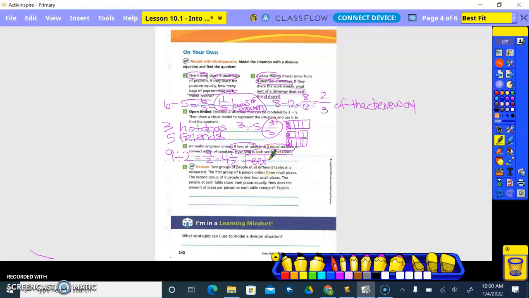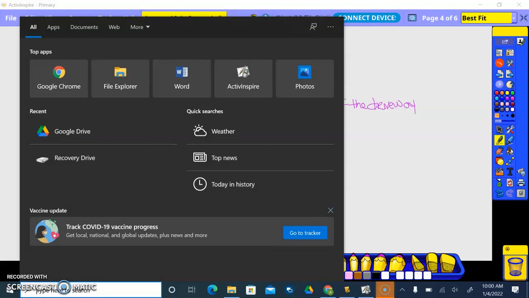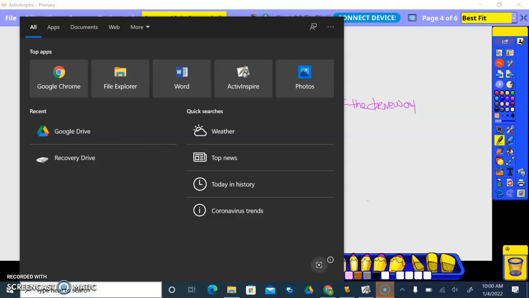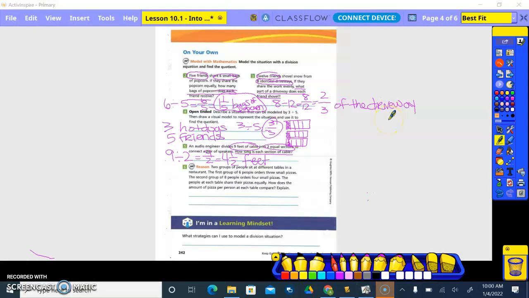Okay, number 6. 2 groups of people sit at different tables in a restaurant. Okay, so after reading that, we decided that we would take 3 divided by 6 for the first group, which would get half a pizza per person.